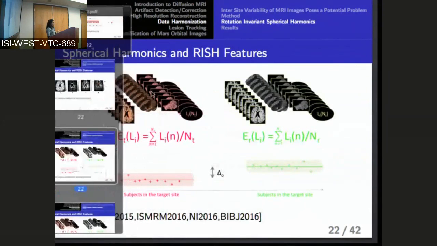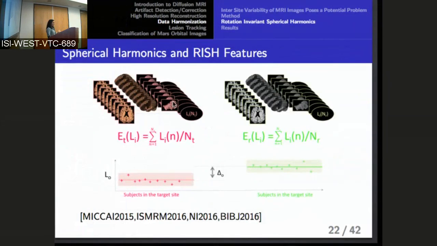Then for each region of the brain, for different subjects, the y-axis represents, for example, RISH features at level 0. We compute the expected value of RISH features for a region, for example the corpus callosum, of subject 1, of subject 2. We do the same thing for the images in the reference site, and then we compute this delta difference between the expected values of these rotation invariant features.